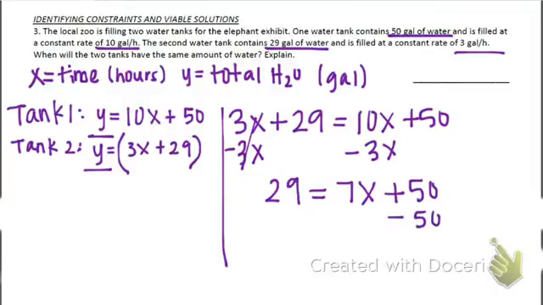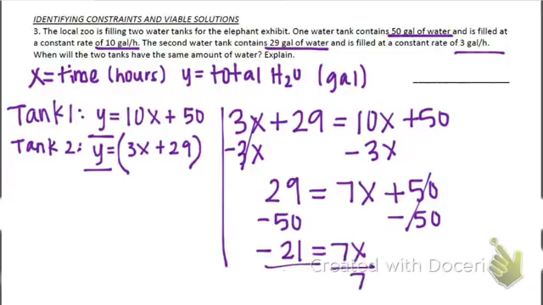And then I subtract 50 from both sides. So that gives me negative 21 equals 7x. Divide both sides by 7. And I get x equals negative 3.